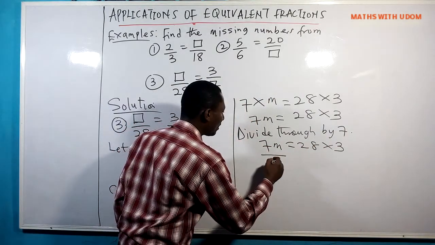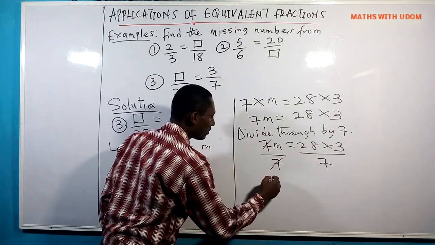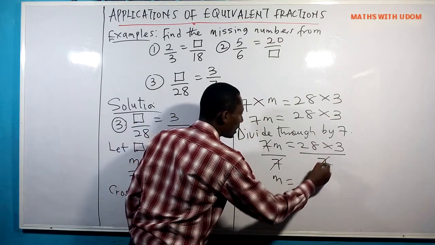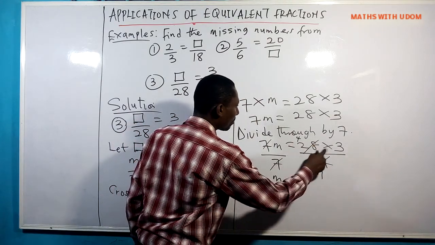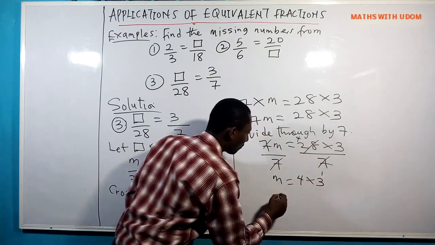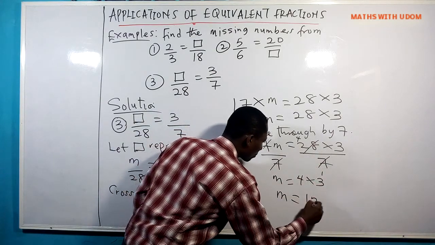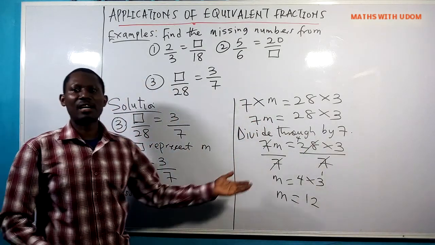The left hand side divided by 7, right hand side divided by 7. 7 cancels 7. So M equals 7 here 1. 7 28 is 4. So we have 4 multiplied by 3. So our final answer is that 4 times 3 will give us what? 12. So that is our final answer.